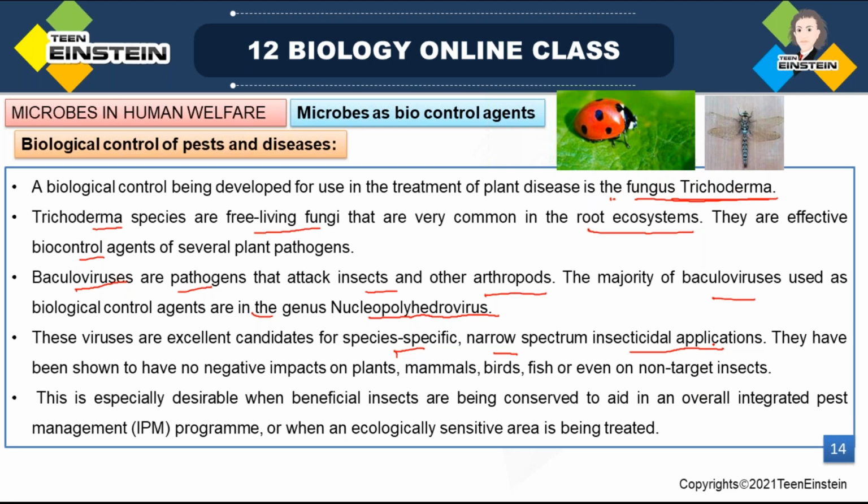So this is most desirable when beneficial insects are there. When those insects are getting conserved and nothing is happening to them, that creates positive sides.